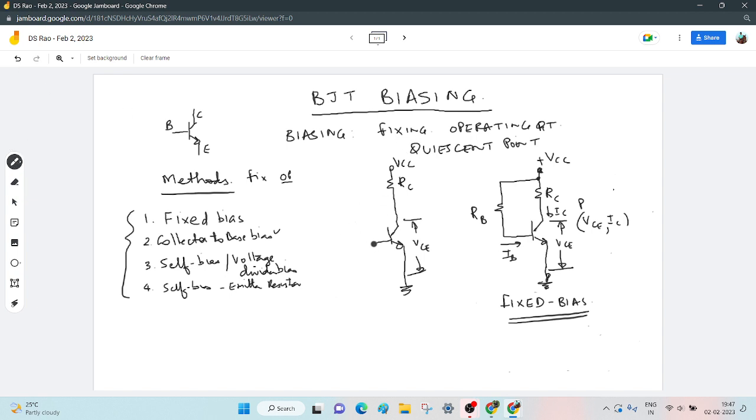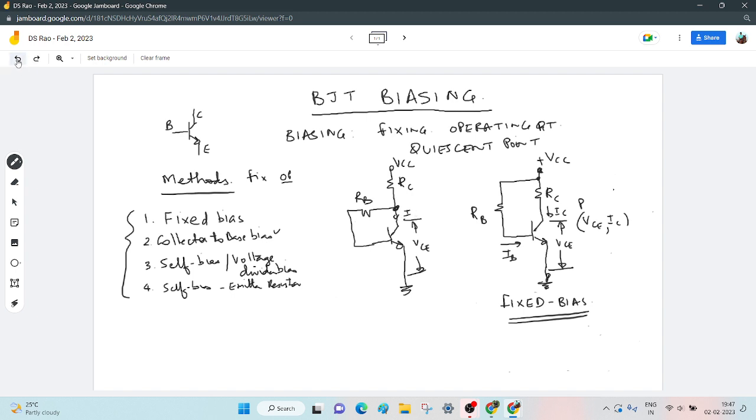Now I will say this is RB. Understood? Here I am having IC. Here, collector current is not flowing. Collector current is always in the collector.